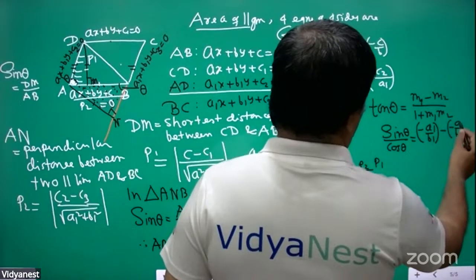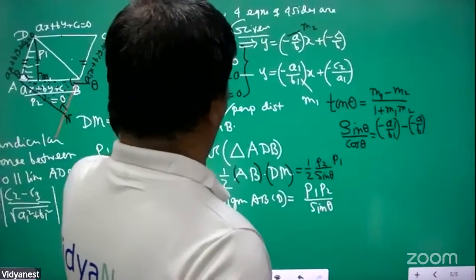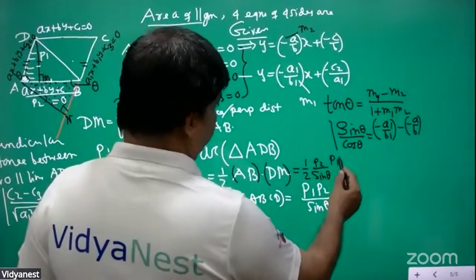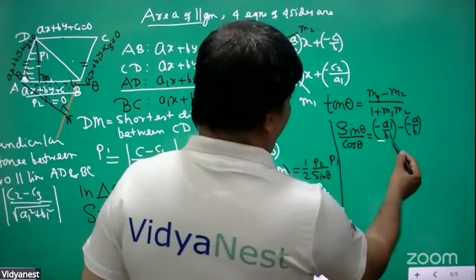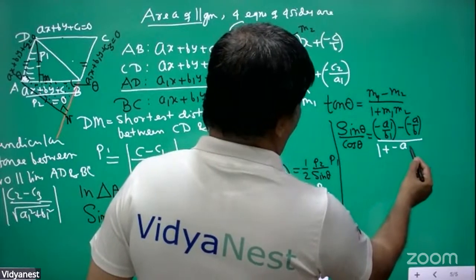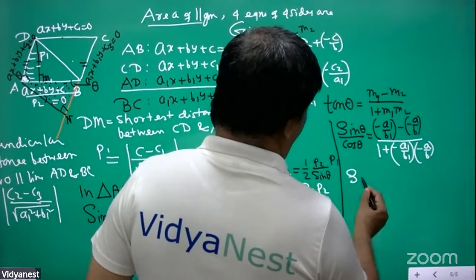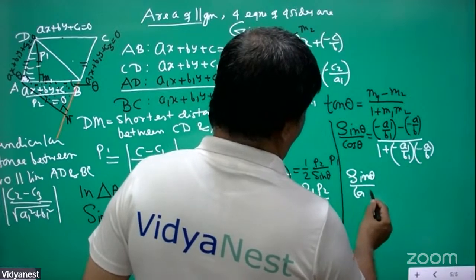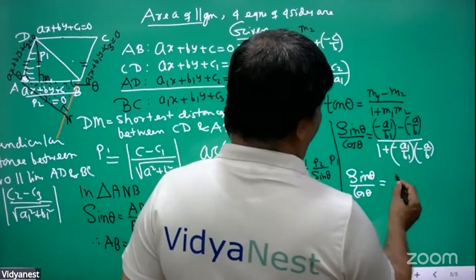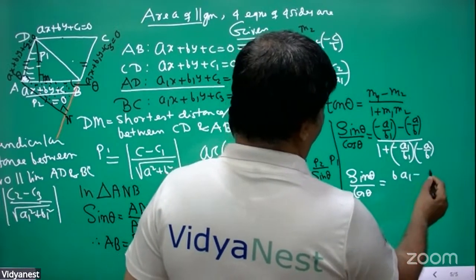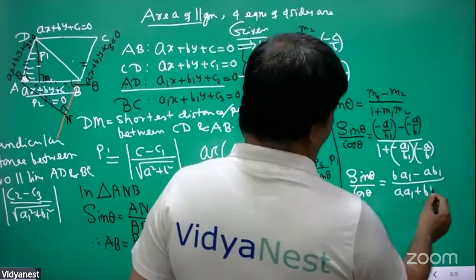Minus A by B. So, sin theta by cos theta, you complete the LCM and you will get BA1 minus AB1 by AA1 plus BB1.